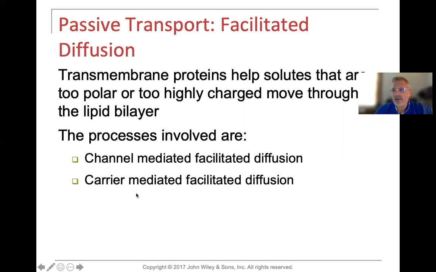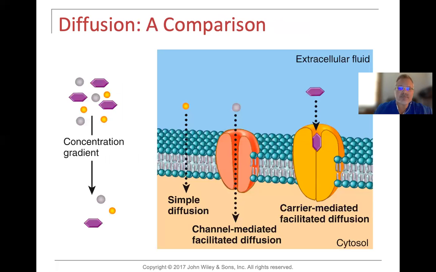You've heard of insulin being involved in trying to activate a transporter within the cell called a GLUT4 transporter. Insulin moves that GLUT4 transporter to the cell membrane, and that GLUT4 transporter opens up and allows glucose into the cell. That's a carrier or a transport protein.